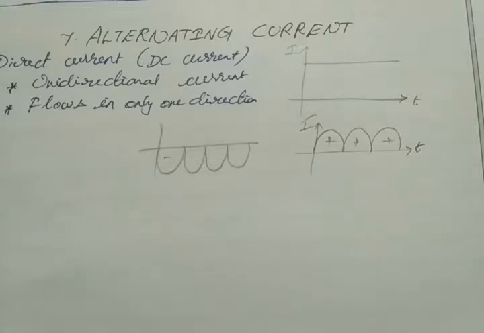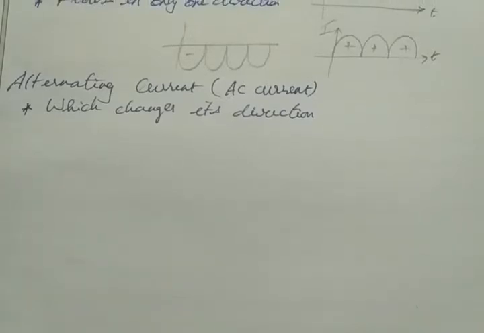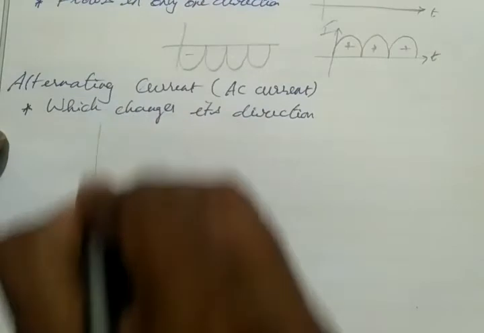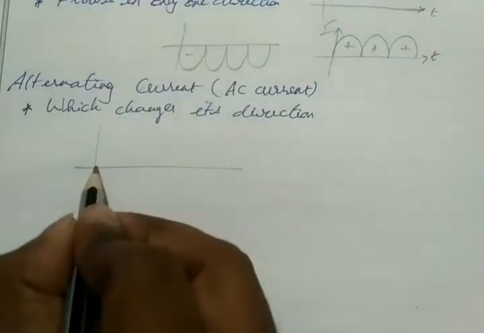Whereas AC current continuously changes its direction from positive to negative and negative to positive. In the AC generator we saw the graph, it looks like this. This is the mean value for AC current.